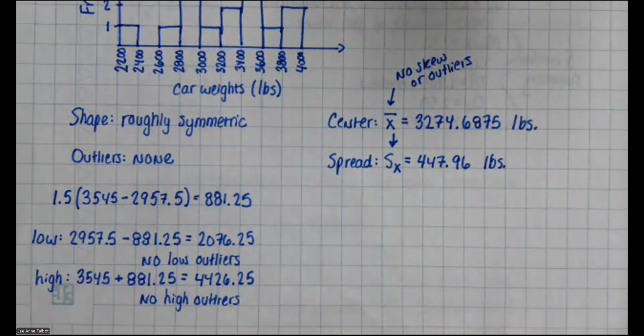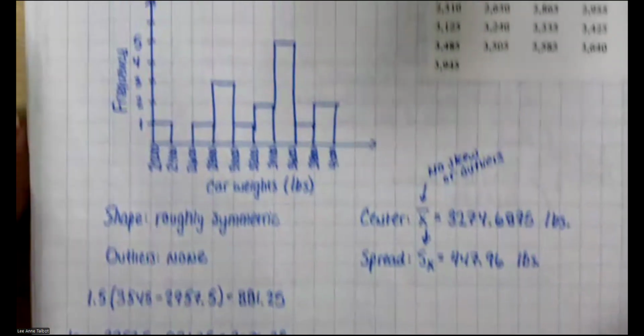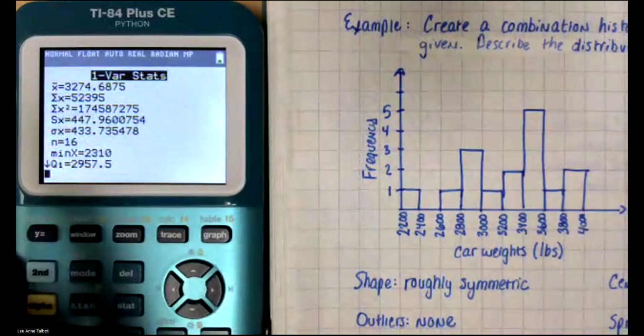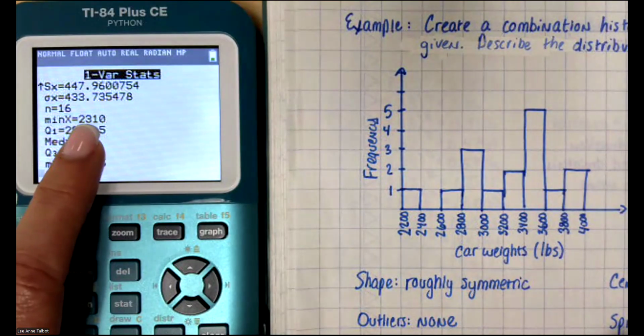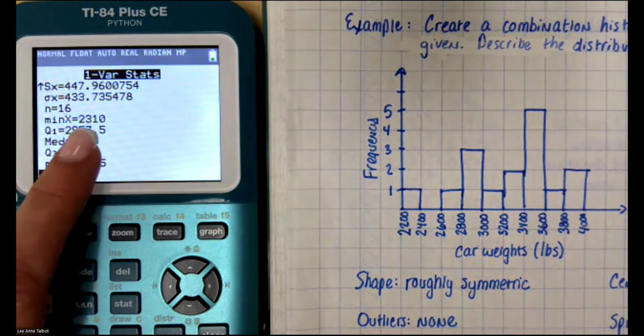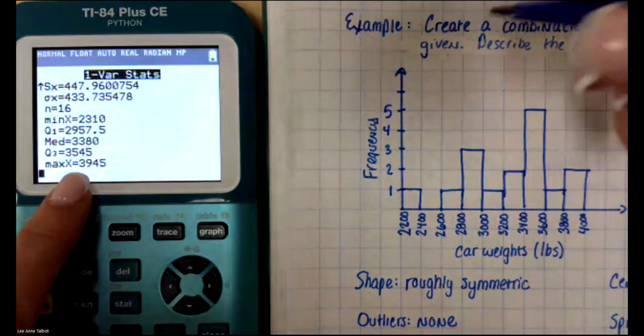The only thing I'm missing is the box plot. And I have all the information for the box plot also in one variable stats. I just need to scroll down to the bottom. And what you do is you put vertical lines at each of these 5 spots.